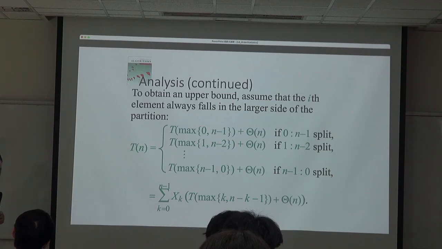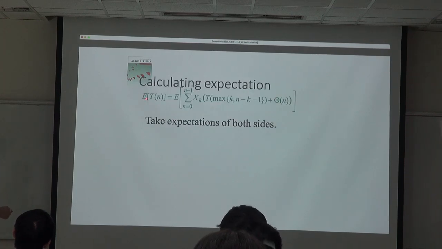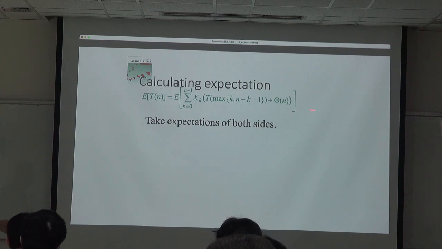we are applying the expectation. So we try to apply the E to the T of n. Because T of n is written like this, it's going to be like this. We are taking expectations on both sides.